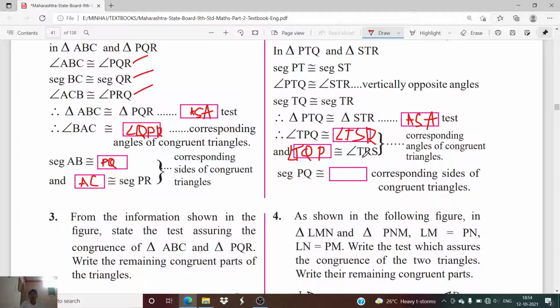Angle TQP is congruent to angle TRS, and the reason is corresponding angles of congruent triangles.